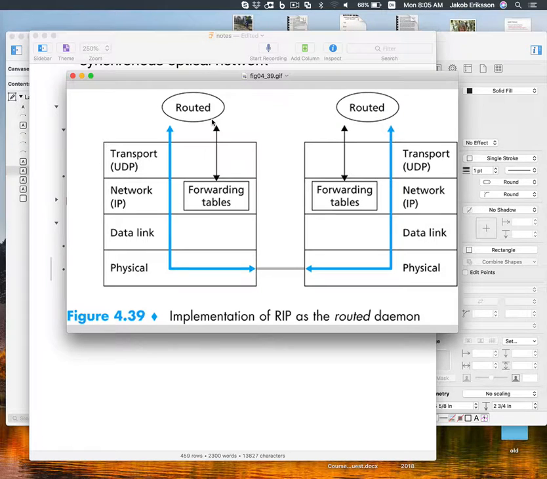So then routed here would add to the forwarding table, which is managed by the kernel, saying, for this IP prefix, say a 16-bit prefix, 125.16.0.0, for that entire prefix, send all the traffic over to this machine.